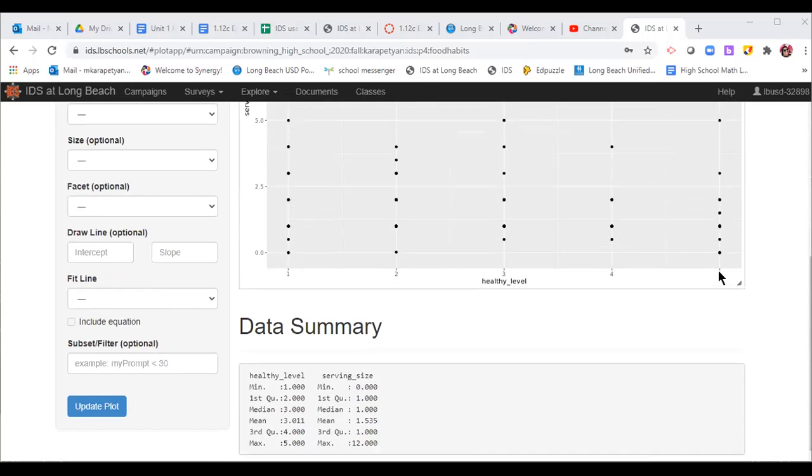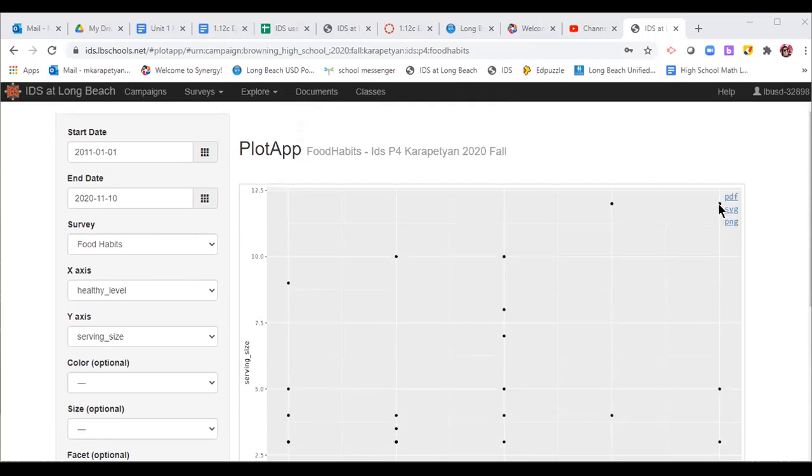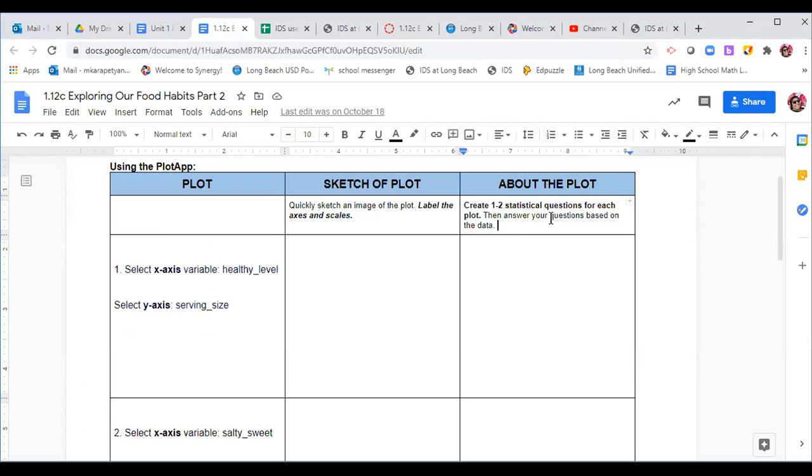So this 5 is a very healthy snack, and someone ate like 12 servings of it. Natalie, again, great question, but that's not a question that this plot can answer, right? The whole point is that you ask the question and then you answer your question based on the data on the plot. So grams of sugar would be a great question if you were looking at grams of sugar. Does that make sense?